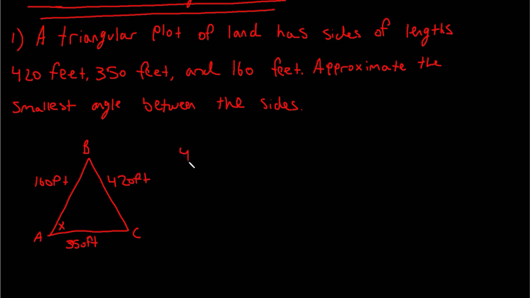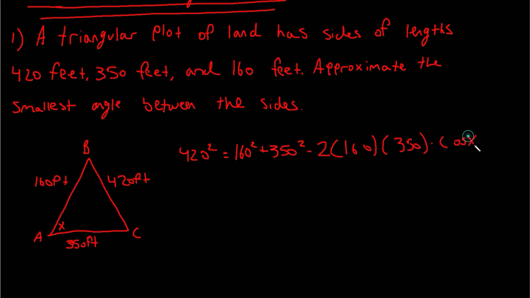We're going to do 420 squared, and make that equal to our other two measures, 160 squared plus 350 squared, minus 2 times both of the measures that are not the opposite of that angle. So minus 2 times 160 times 350, and this is going to be times the cosine of x, because again, we have to find x.